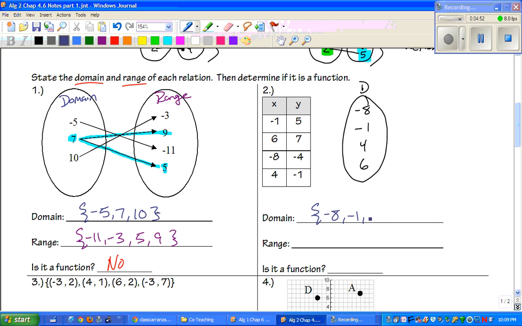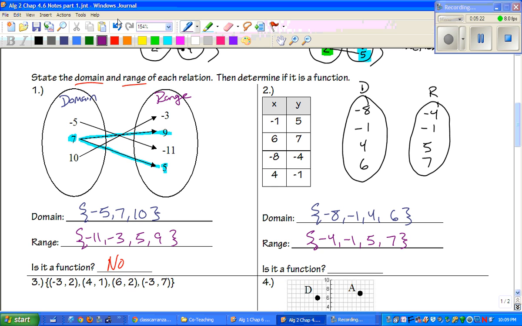So -8, -1, 4, 6. Now let's write the range. Let's do it in order from least to greatest too. So the range is -4, -1, 5, and 7.